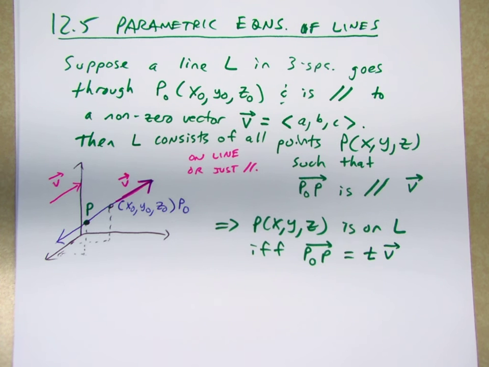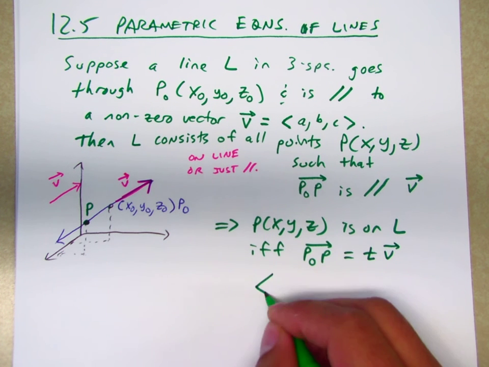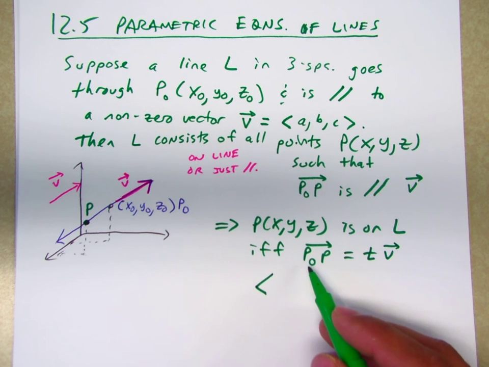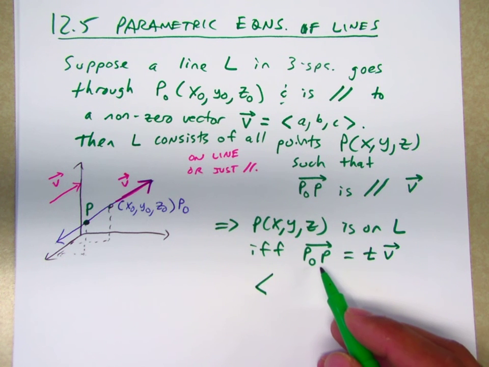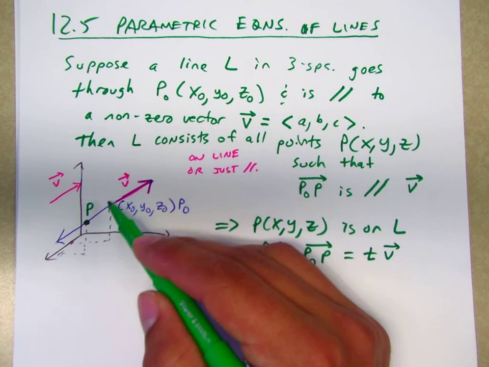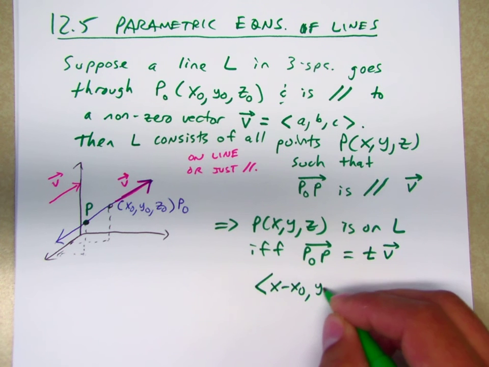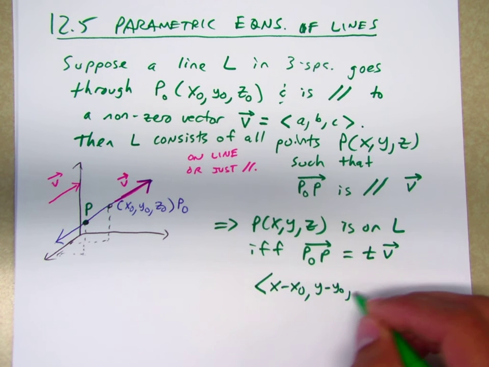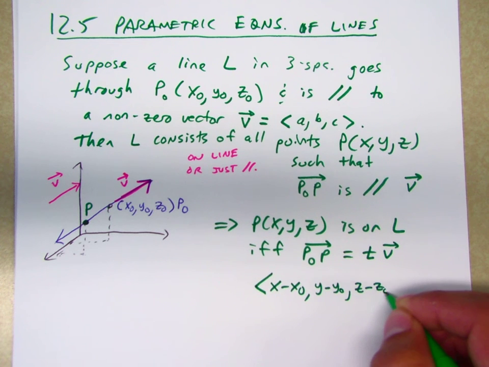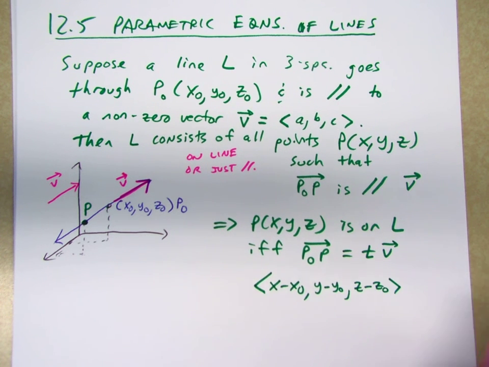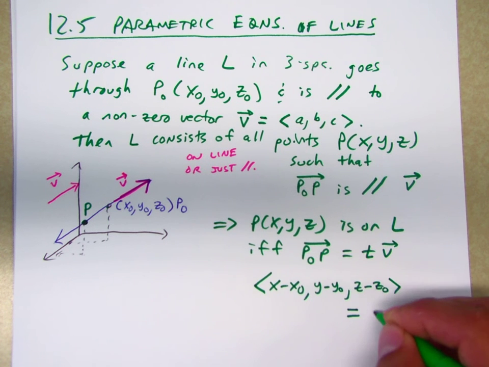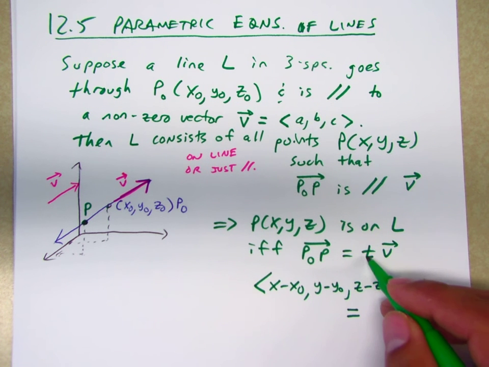And if we go back to our definitions, let's write things out in component form. If I'm looking at the vector from P0 to P, I would do x minus x naught to find the x component, y minus y naught for the y, and similarly z minus z naught. And that's going to equal, on this side, t times v.